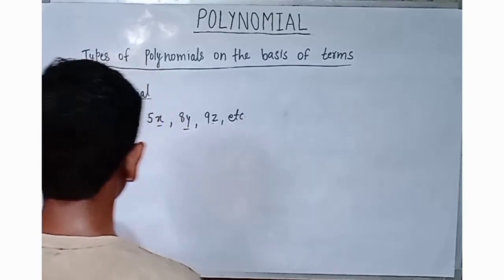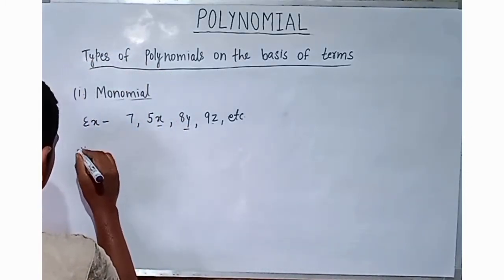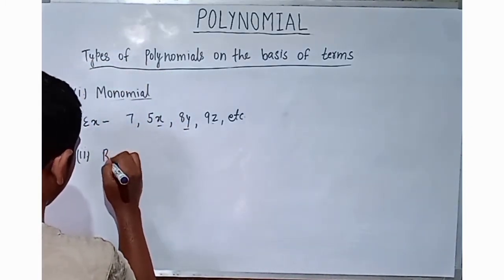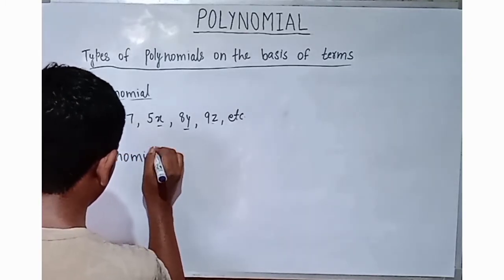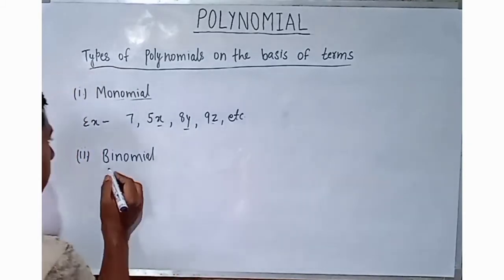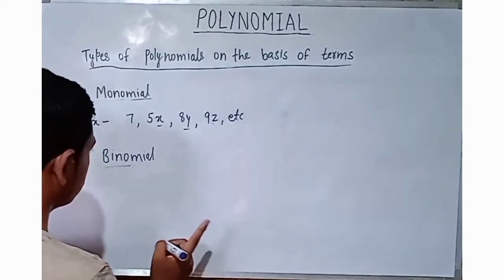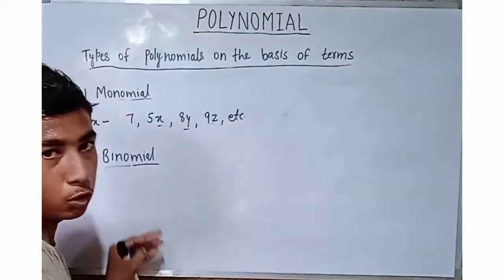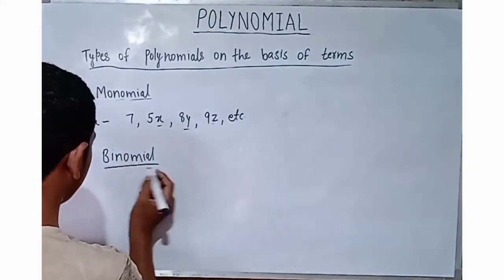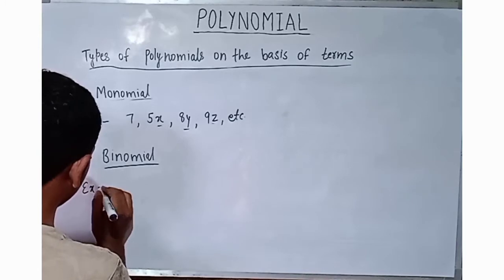Okay, so the second one is binomial, okay? So binomial means two and mial means terms. The polynomial having two terms is known as binomial polynomial, okay?